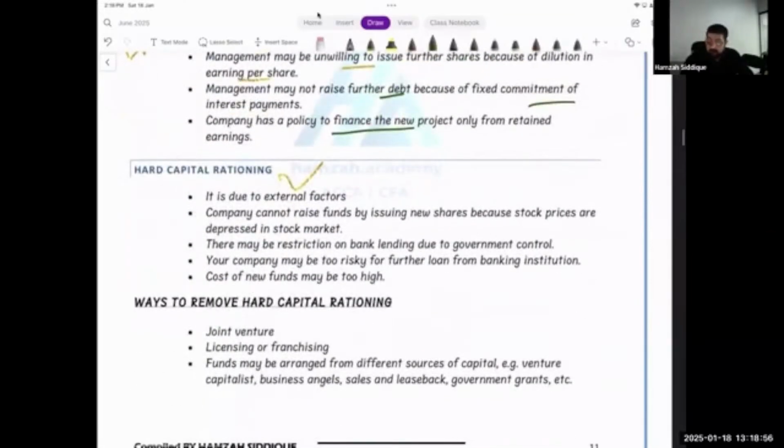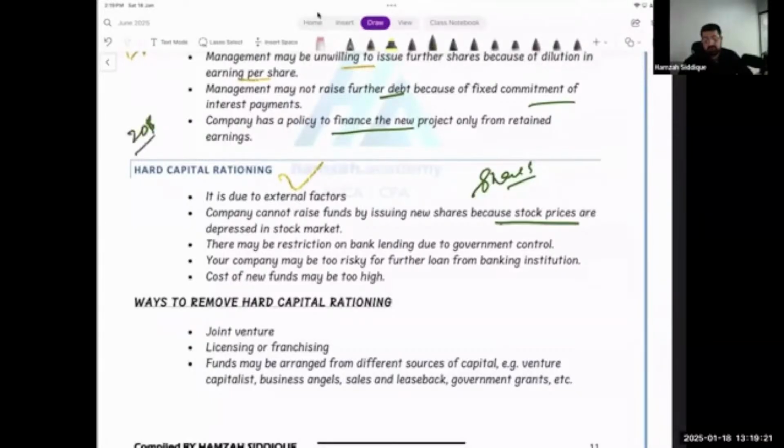Next, hard capital rationing. Stock prices of shares we have sold are not optimal. For example, we think that our share should be priced at $20, but the market is not valuing us properly.